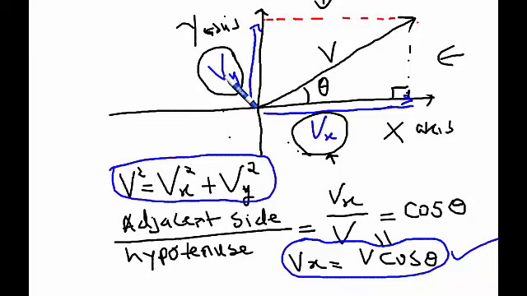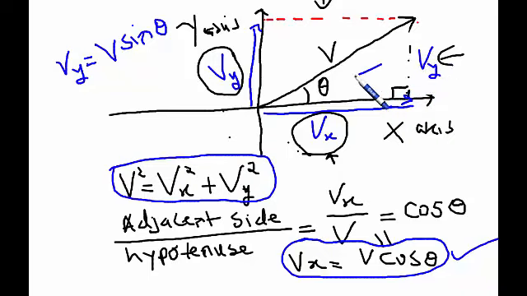Similarly, vy can be obtained as v sine theta, since vy is opposite to theta, and opposite over hypotenuse will give you sine theta.